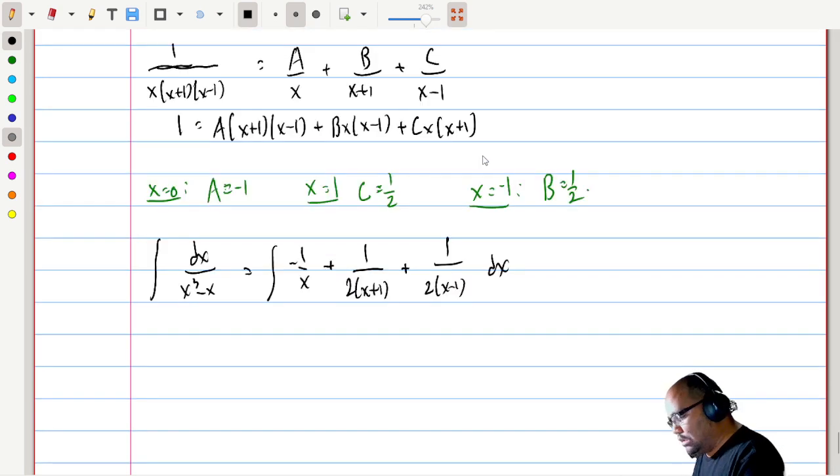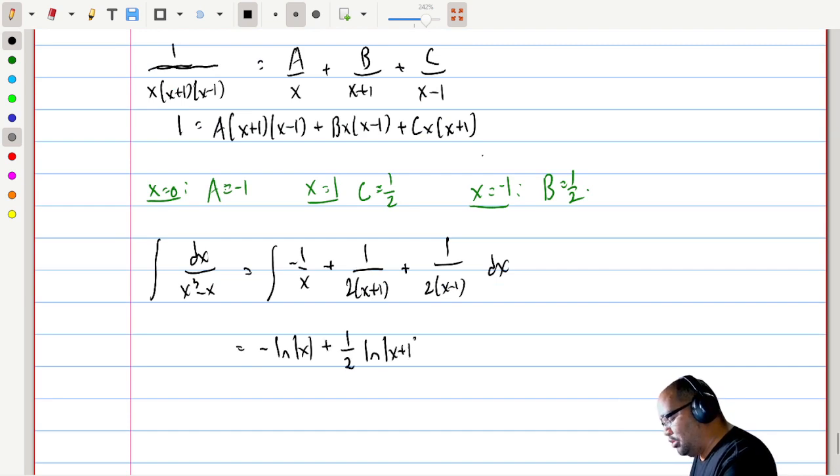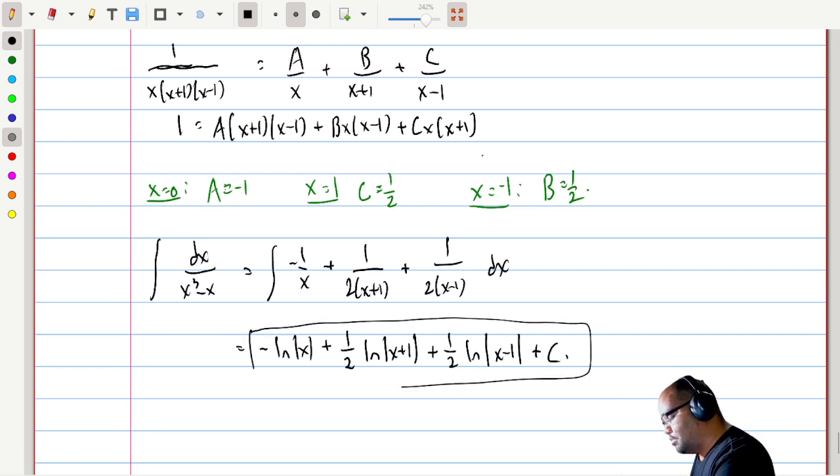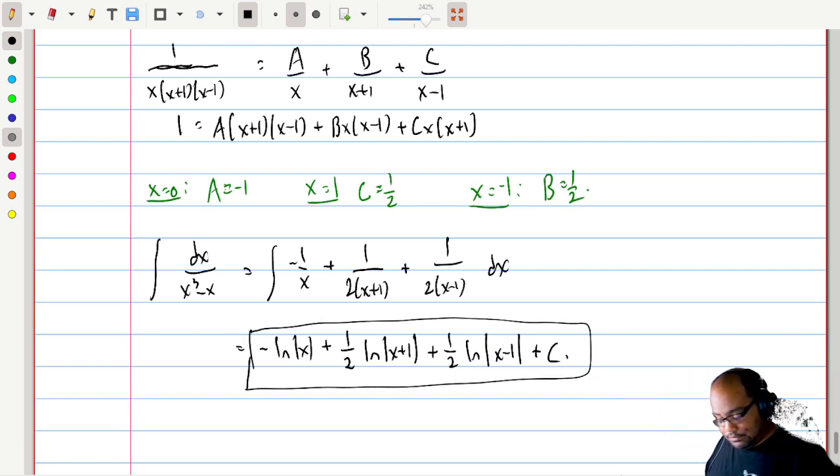Okay, and it's just straightforward. Minus log absolute x plus half log x plus 1 plus half log x minus 1 plus a constant, and we're done. Okay.